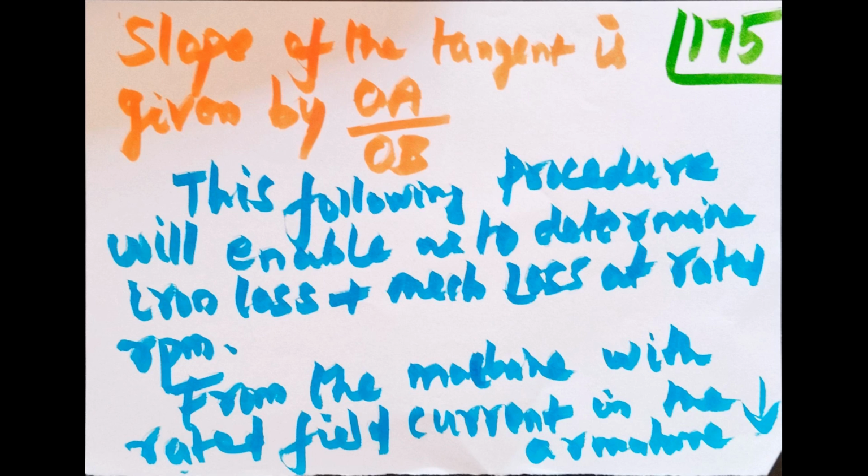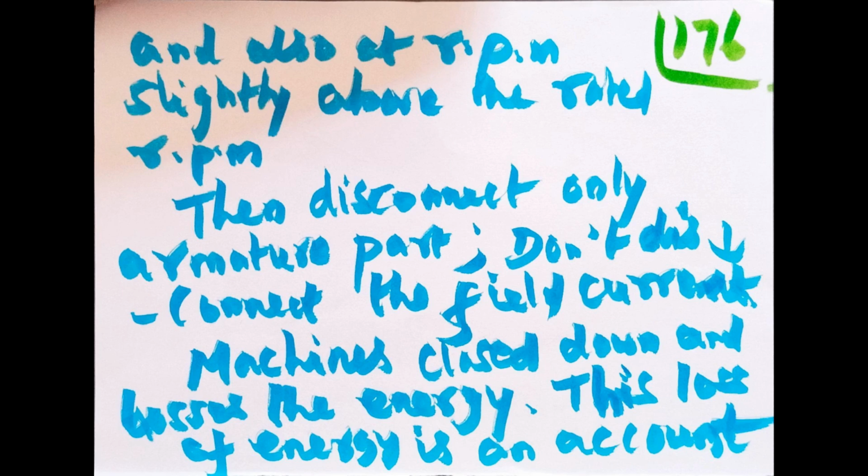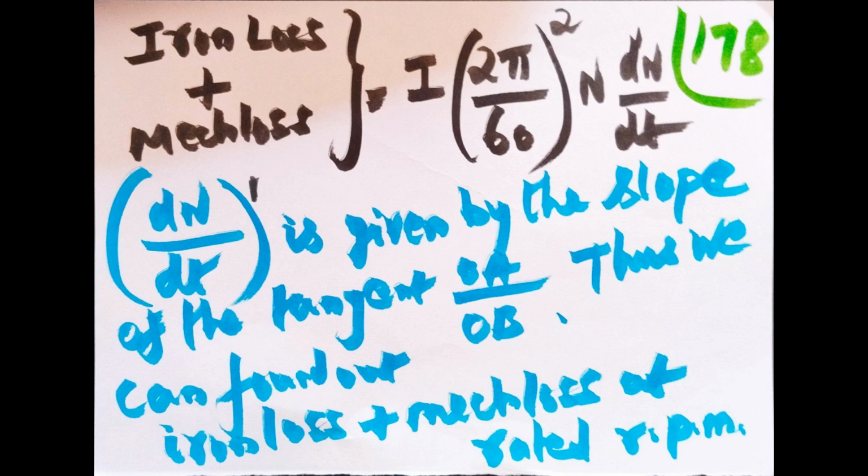The graph is obtained from the speed versus time curve, giving the rated speed with rated excitation. Iron loss plus mechanical loss is equal to I into 2 pi divided by 60, the whole squared, into N dN by dt. dN by dt is given by the slope of the tangent, OA divided by OB.